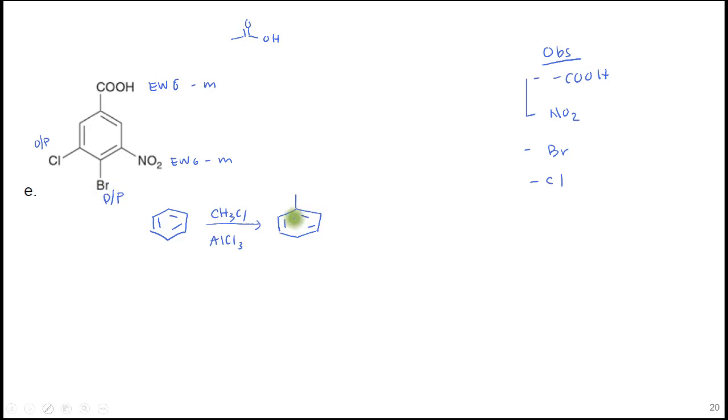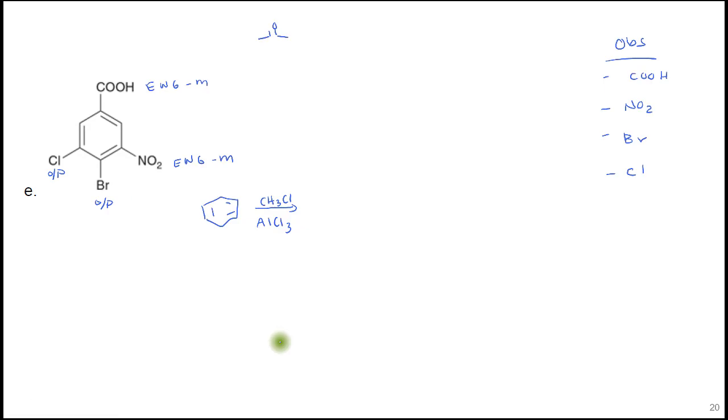So this is an ortho para director. So the methyl group on here is an ortho para director, and I need that bromine to be para.